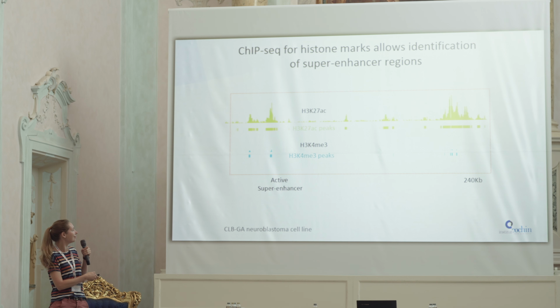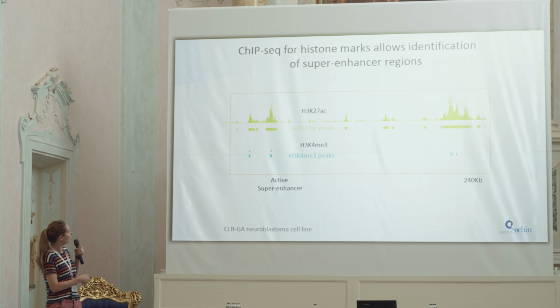So 3 kb here versus 240 kb here. And so you see lots of acetylation, and you can think that here you have many individual enhancers, like here and there and there and there, but also you have a lot of acetylation mark in between these regions, and this is the way to find the super enhancers.